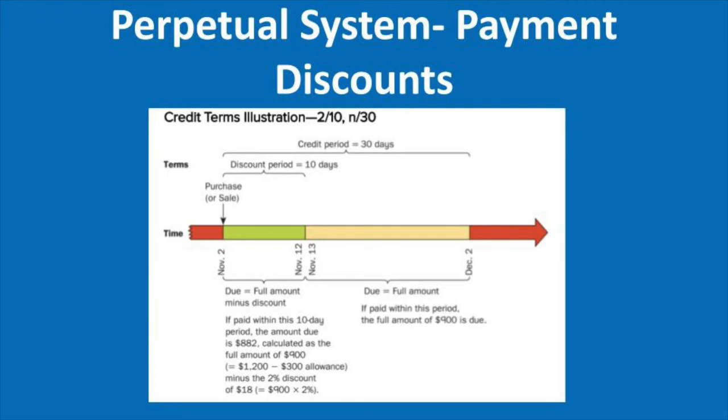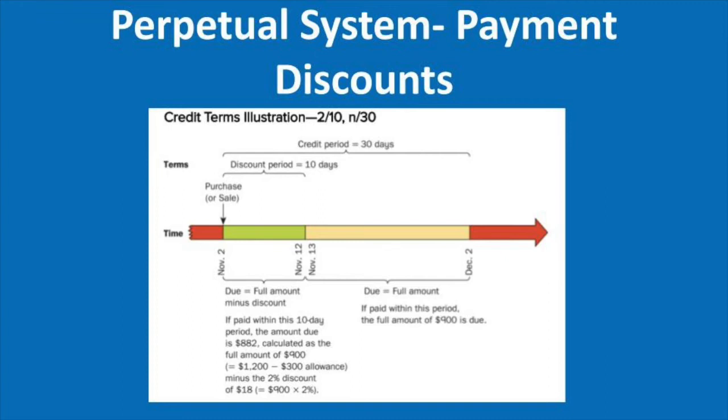As I say, sometimes there are sales discounts too, and the sales discounts really come into play on larger items that merchandisers provide. So sometimes we can avail of credit terms and discounts on credit terms of suppliers.